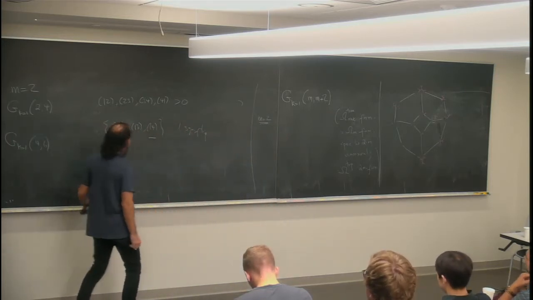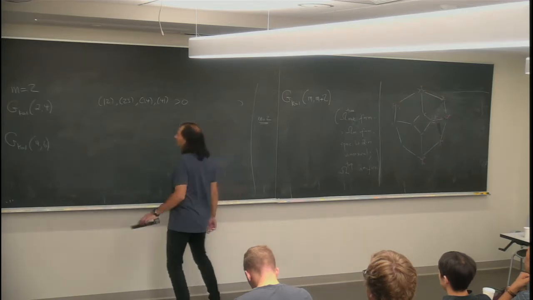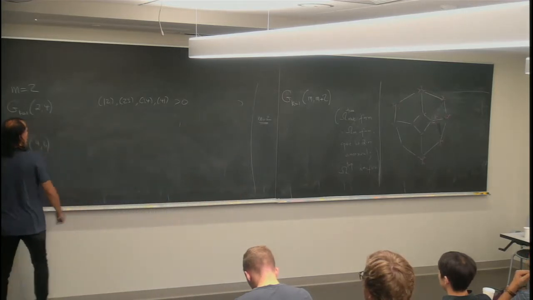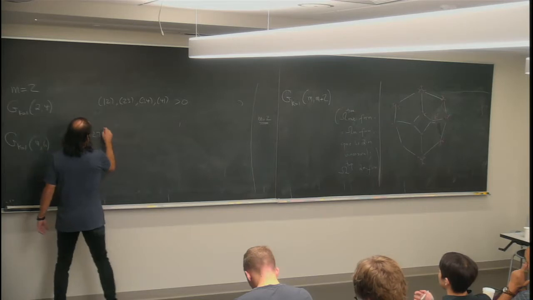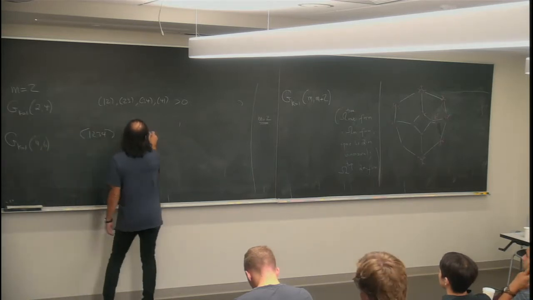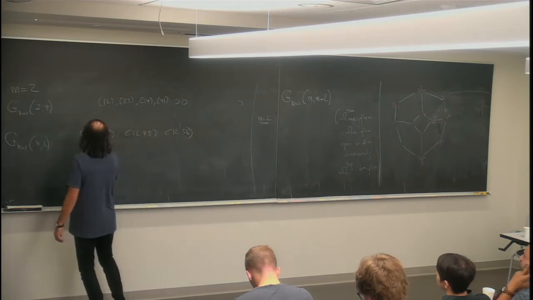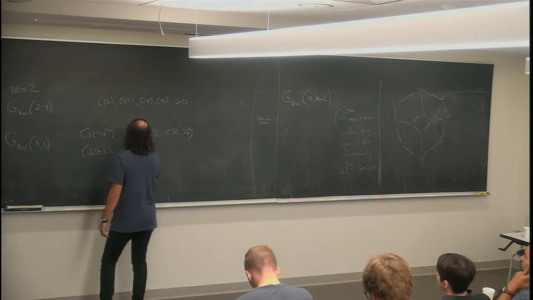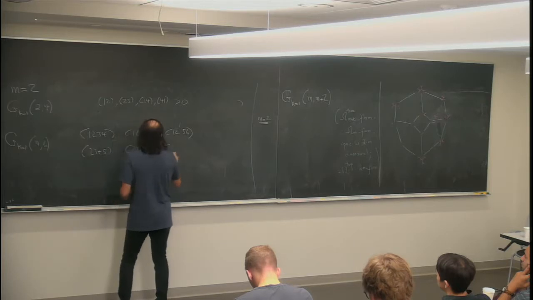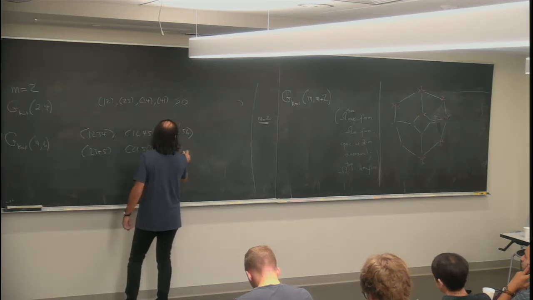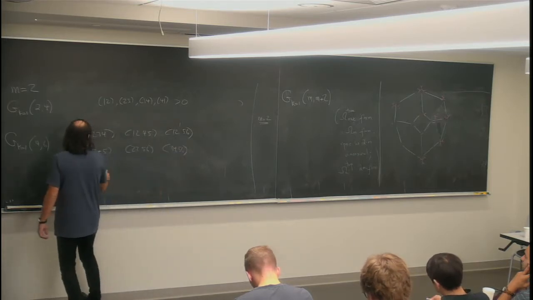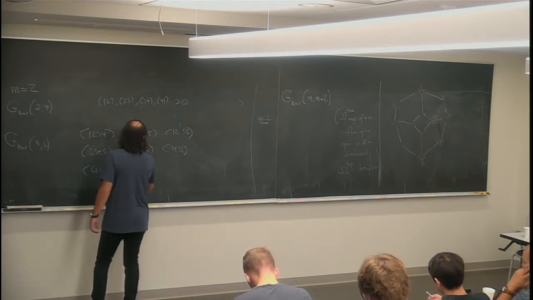Okay. So let's do this guy. So this is 1, 2, 3, 4, 1, 2, 4, 5, 1, 2, 5, 6, 2, 3, 4, 5, 2, 3, 5, 6, 3, 4, 5, 6, 6, 1, 2, 3, 6, 1, 3, 4.